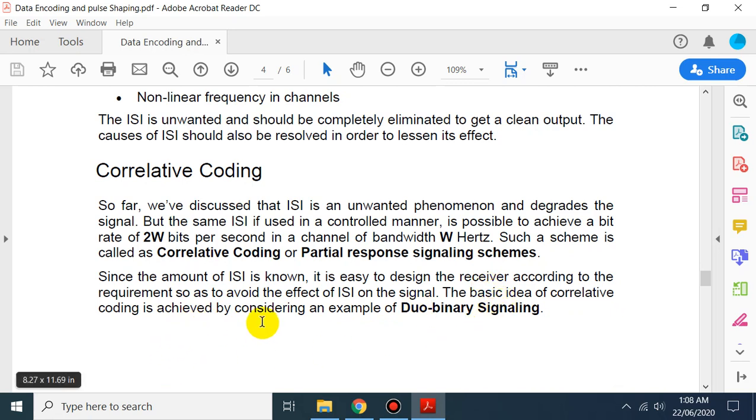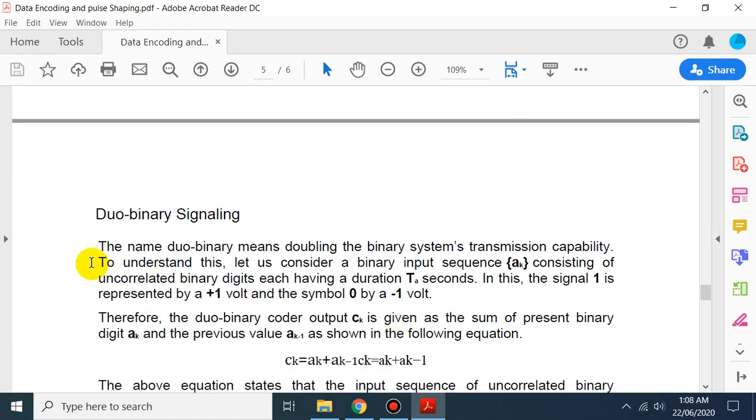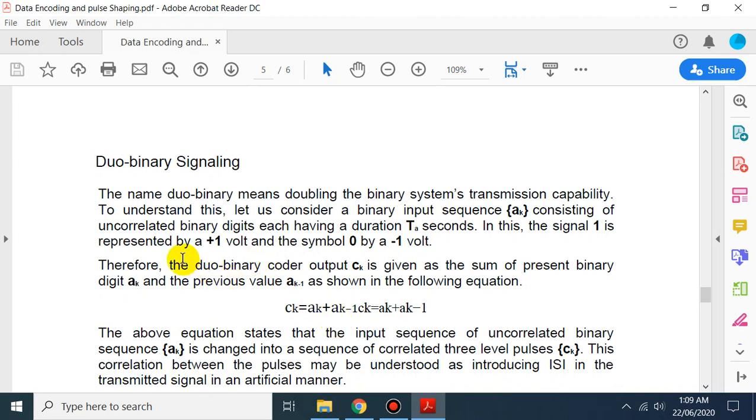The basic idea of correlative coding is achieved by considering an example of dual binary signaling. Dual binary signaling means doubling the binary system transmission capability. To understand this, let us consider a binary input sequence a_k consisting of uncorrelated binary digits having a duration of T seconds. The symbol 1 is represented by +1 and the symbol 0 by -1 volts. Therefore the duo-binary coder output c_k is given as the sum of the present binary digit a_k and the previous value a_(k-1), as shown in the following equation.